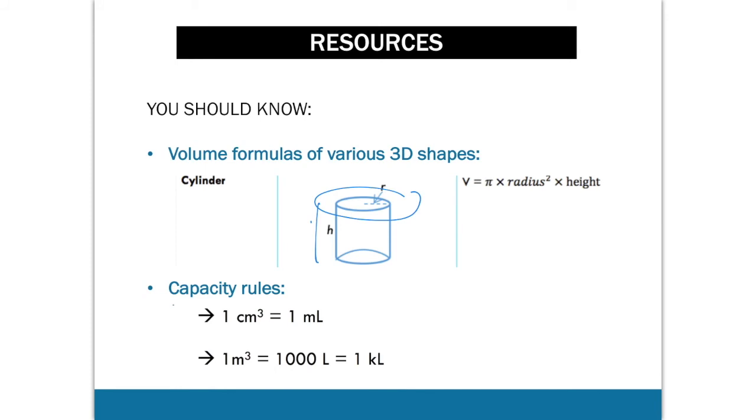Capacity rules are really important to know. 1 centimetre cubed is equal to 1 millilitre, and 1 metre cubed is equal to 1,000 litres, which is 1 kilolitre. This is extremely important to know. So mark it down, highlight it in your book somewhere, because when you're asked to find the capacity, this is what you need to look at.